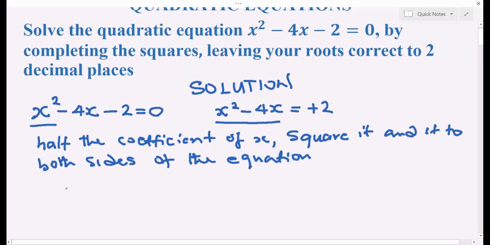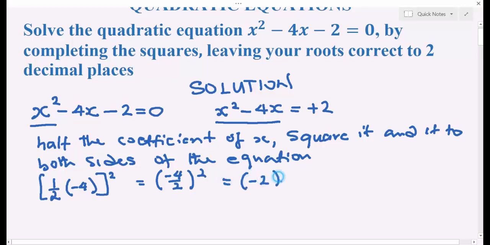So the coefficient of x here is minus 4. So we say half of minus 4, and we square. This will give us minus 4 over 2 squared, or we say this is minus 2 squared.